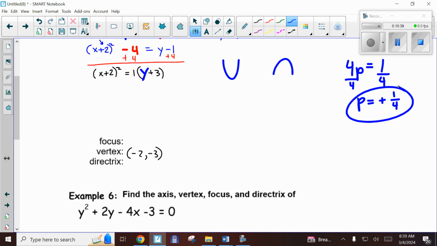Because I'm either going up or down, positive means up. So that means that this graph will be really close here. So it's got to be this guy right here. So if I'm going up, I need to add 0.25 to the y value. So that's going to make this -2.75.